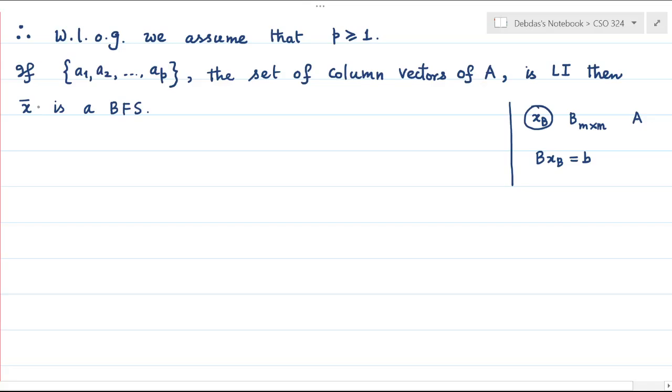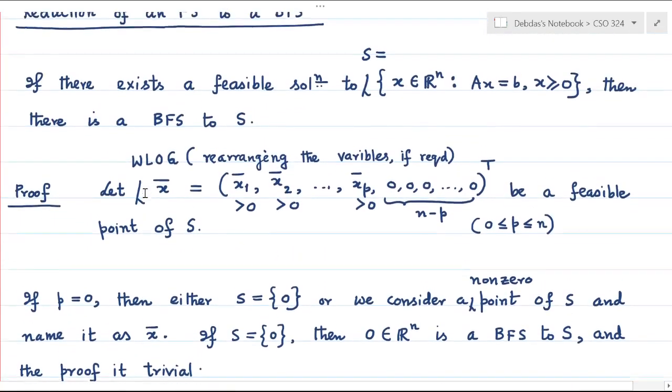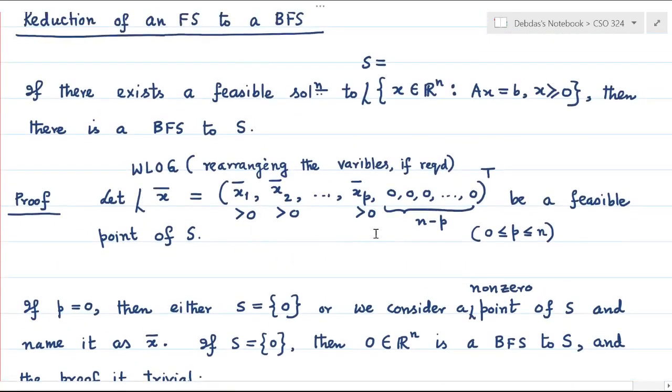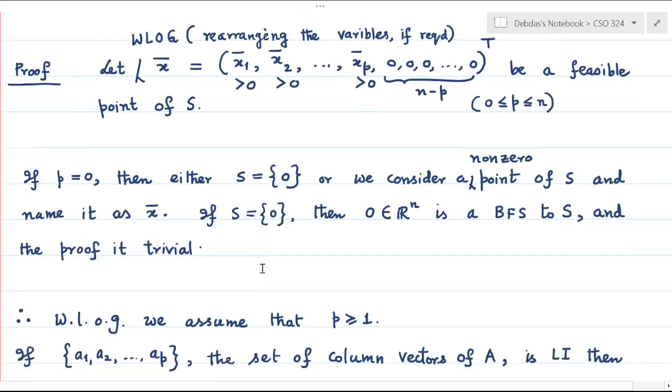Now, corresponding to this x bar, a basic feasible solution, note that we don't have to check feasibility. By feasibility, we mean the non-negativity restriction of x bar, which has not to be checked, because x bar you have already taken with all components greater than or equal to 0, because it is a feasible solution. So we have to just check whether this is a basic solution or not. Then x bar will become a basic feasible solution.